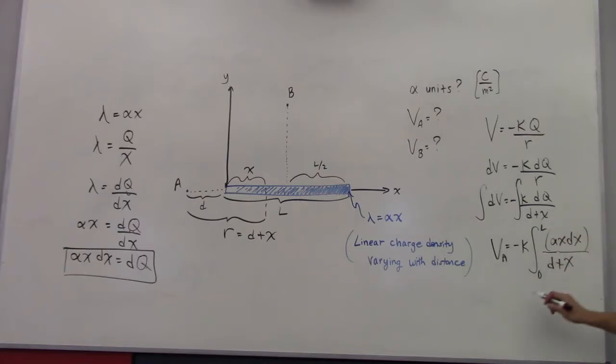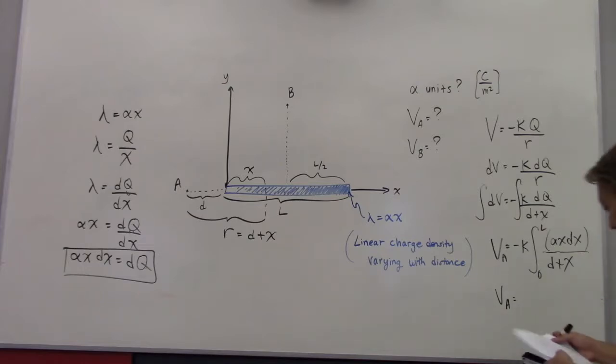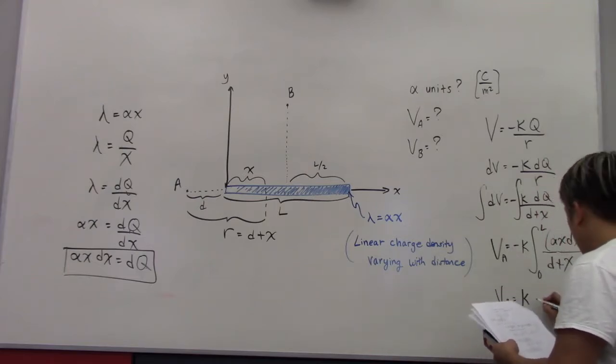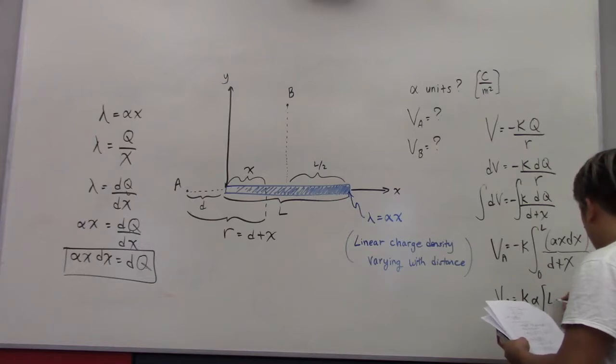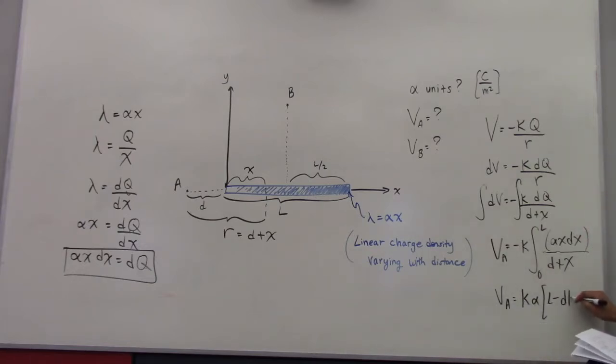After you do the calculus of integrating this, V of A equals k alpha times the quantity L minus d times natural log of 1 plus L over d.